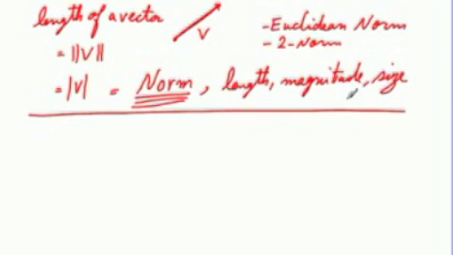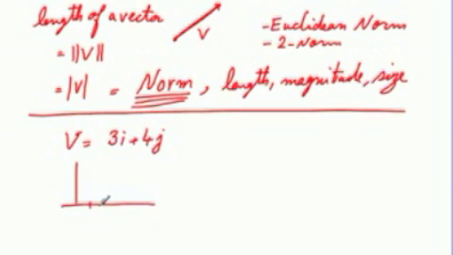So suppose I have a vector. We said we describe vectors with components sometimes. This is a vector with components 3 and 4. Okay, like 3 steps to the right and 4 steps up. This is the vector I'm looking at. What would be the length of it?